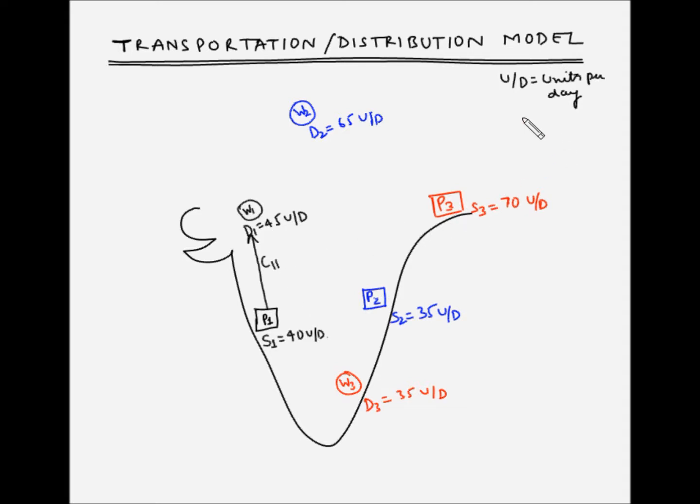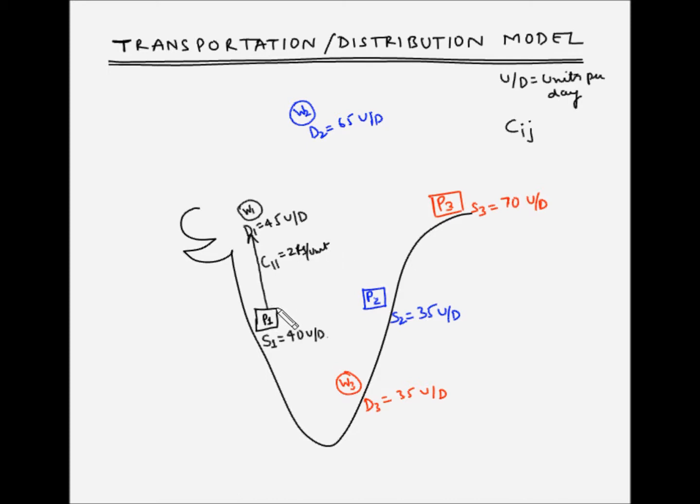So this can also be denoted as Cij, where i is the plant and j is the warehouse. So i is the source and j is the destination. So C11 is equal to 2 rupees per unit.